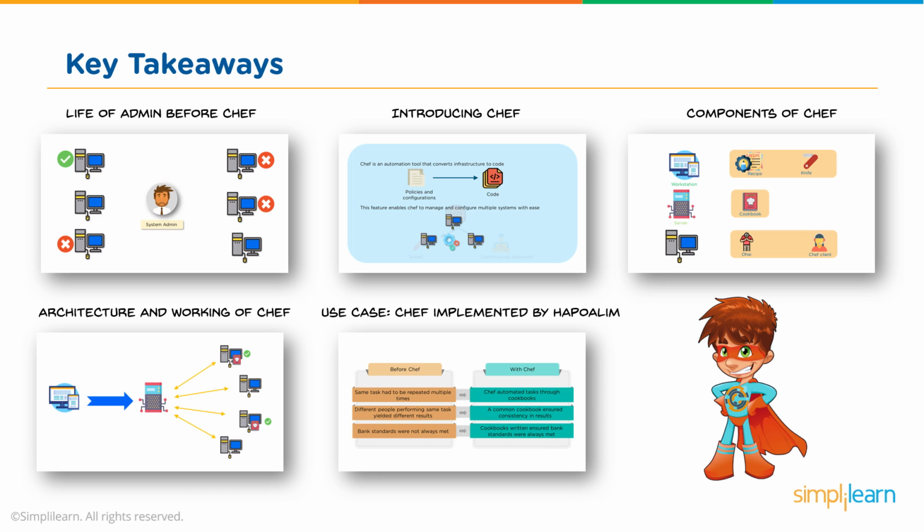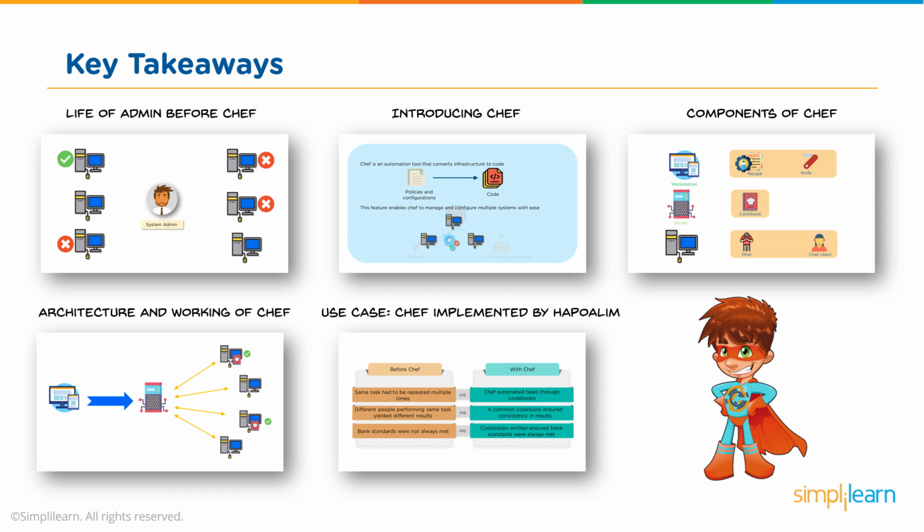Chef itself is made up of a number of key components. As a system administrator, you work on your desktop at your workstation and you create recipes. Those recipes are then bundled together into a cookbook, and that cookbook communicates with the server, the main Chef server, and the node of servers within your environment.